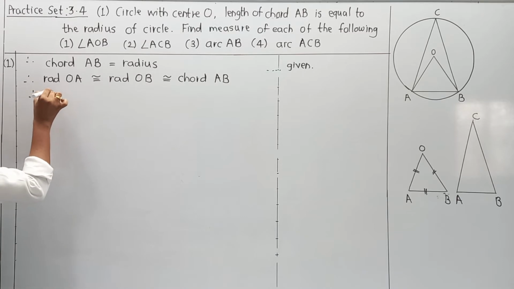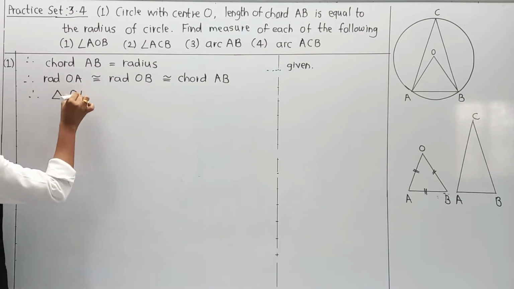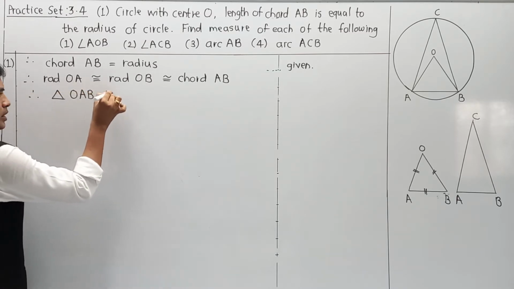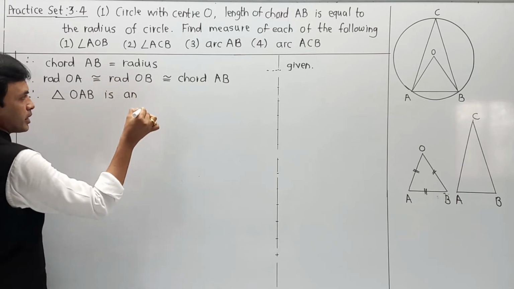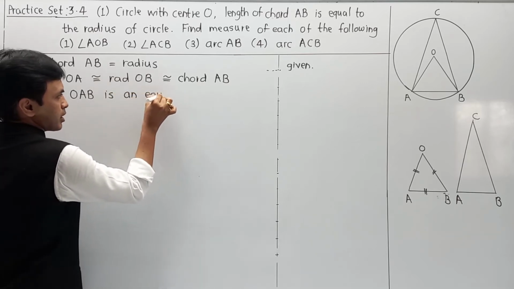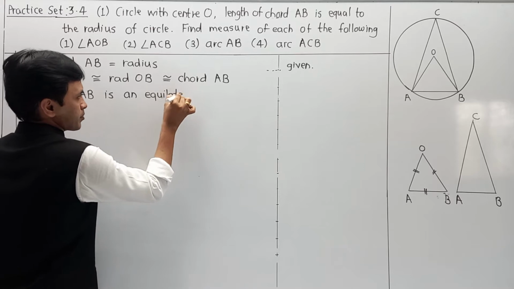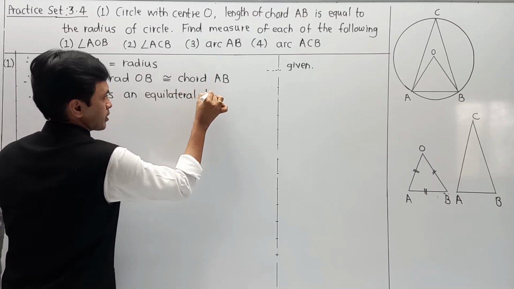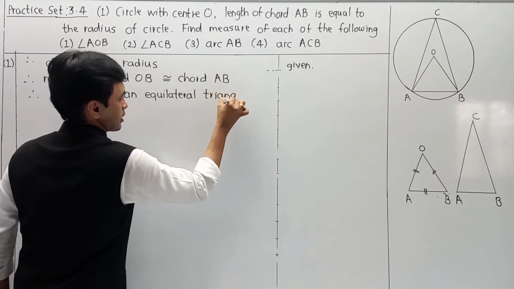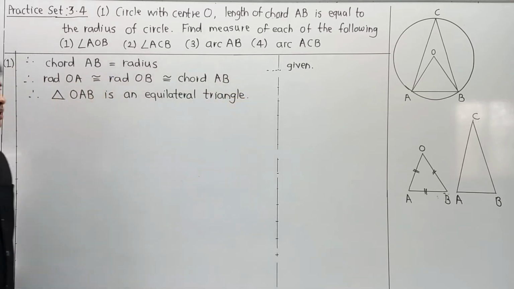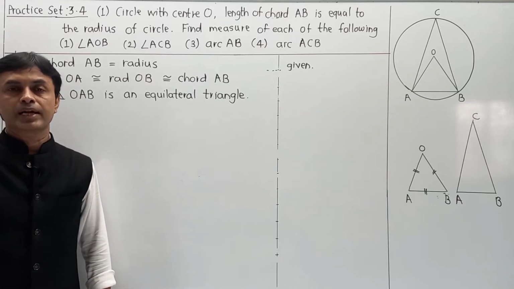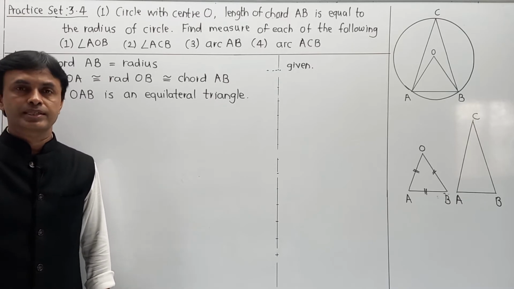Therefore, I am going to write: triangle OAB is an equilateral triangle. In an equilateral triangle all three sides are equal as well as all three angles are equal, and we very well know that in an equilateral triangle every angle is 60 degrees.